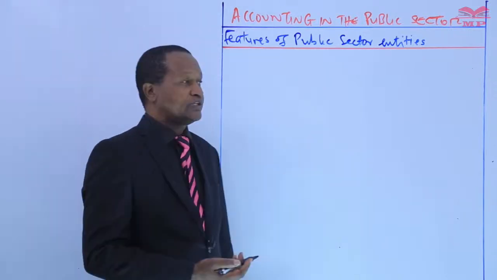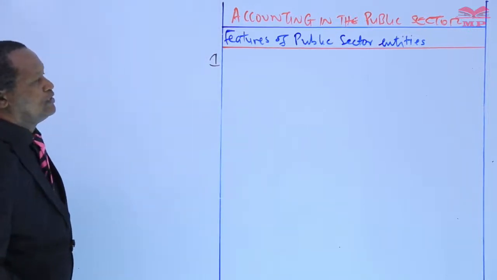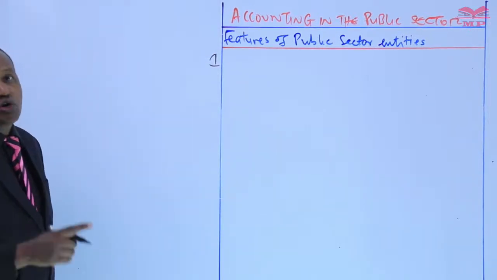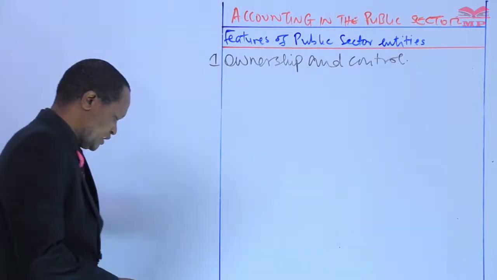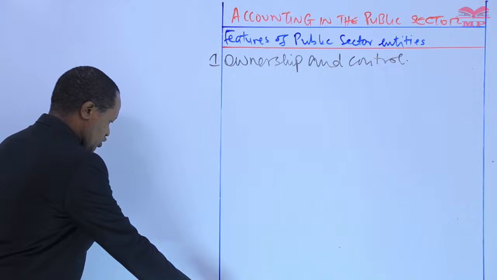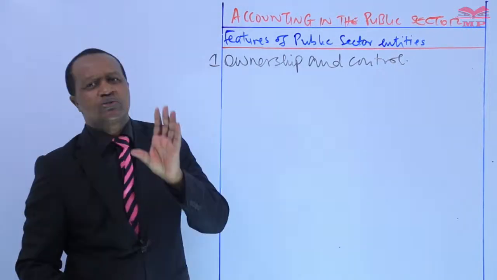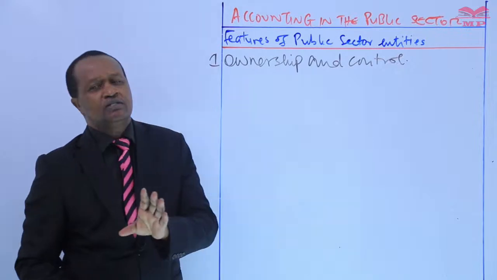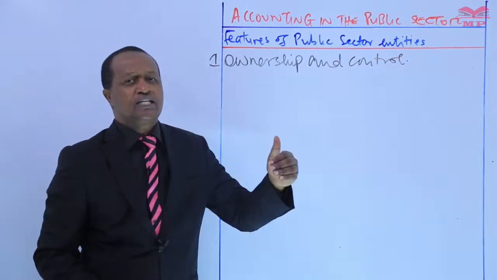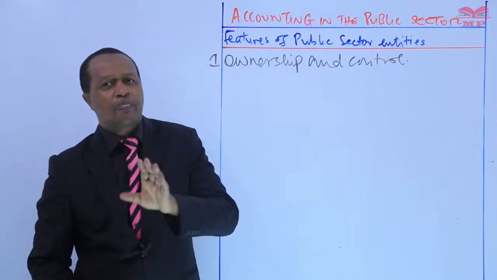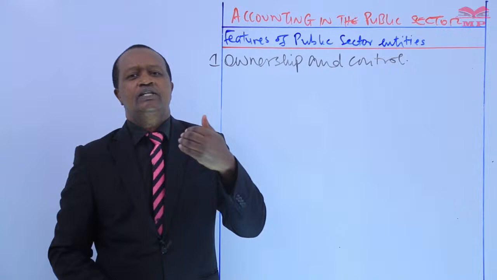So the first feature of public sector entities is ownership and control. Candidates, public sector entities are owned and controlled by the government, whereas private sector entities are owned and controlled by private individuals and organizations.